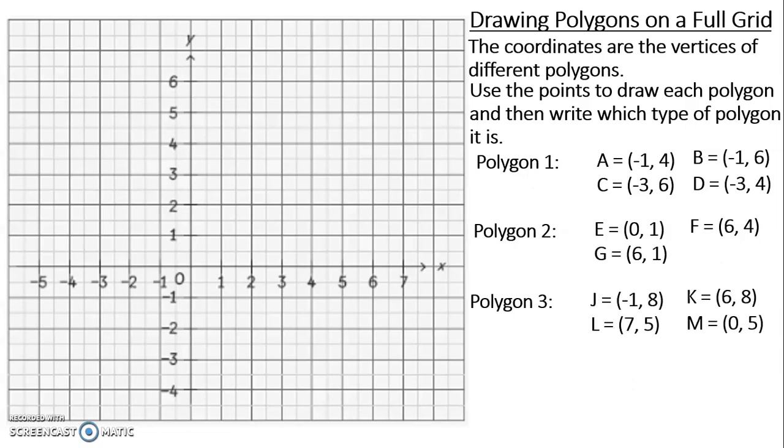Here are the 4 coordinates for polygon 3. Plot those on. There are the 4 coordinates for polygon 4. Plot those on. When you've plotted them on, using a ruler, draw lines between each point and write which polygon each is. Pause the video now whilst you do that.